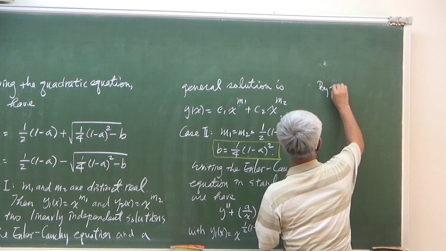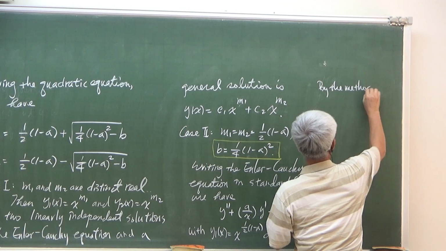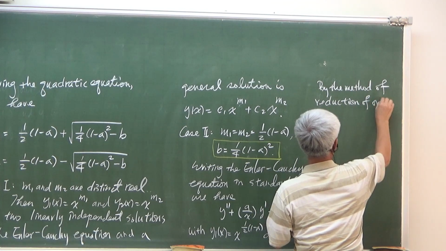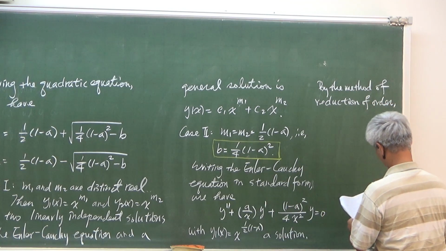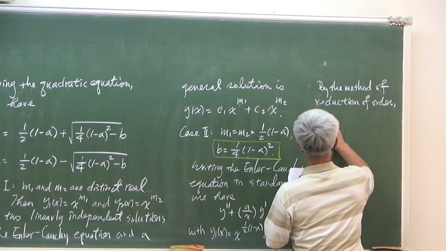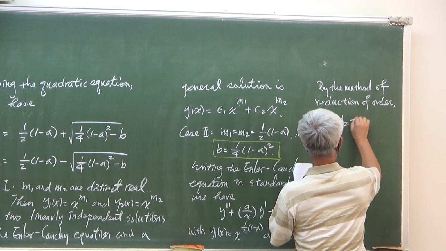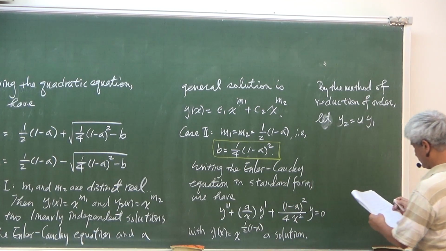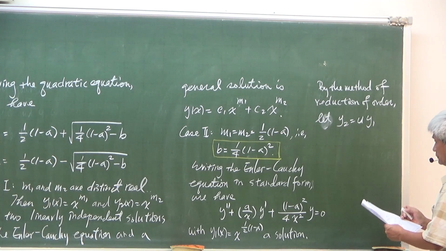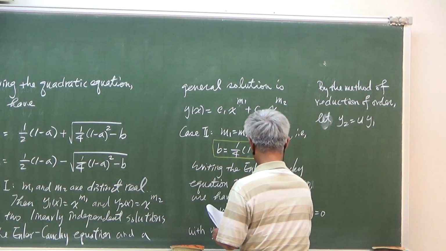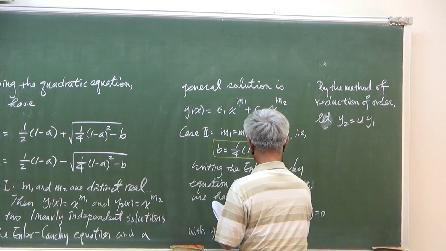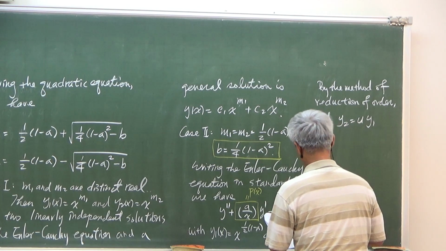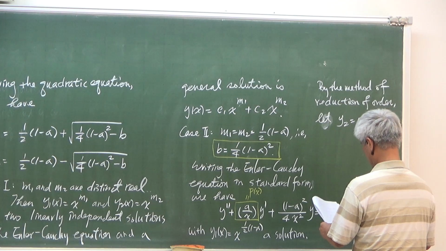So by the method of reduction of order, we write y2 equal to u times y1.